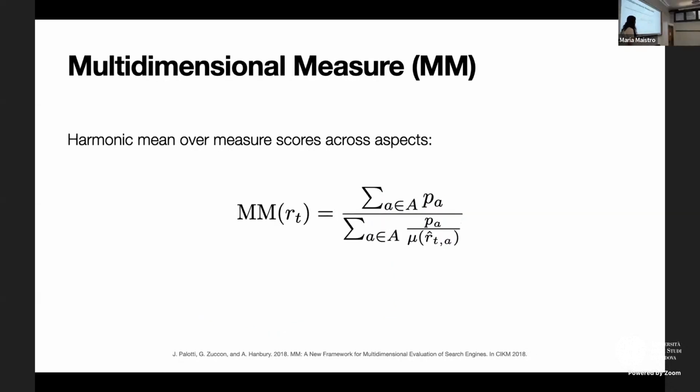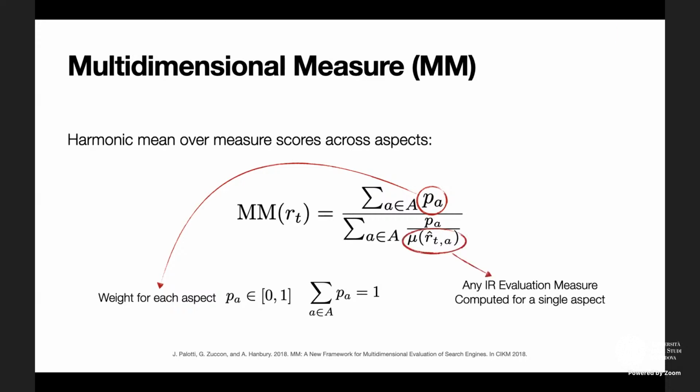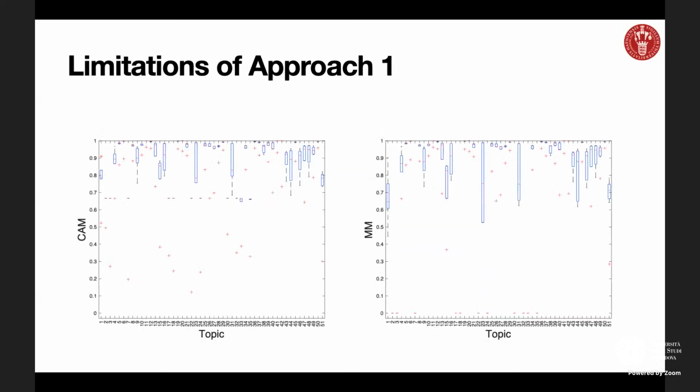And similarly for HAM, it's the same idea, but you take the harmonic mean instead of the mean, and again, you have this parameter that assigns a weight for each aspect. And again, you can use any IR evaluation measure when you do the harmonic mean.